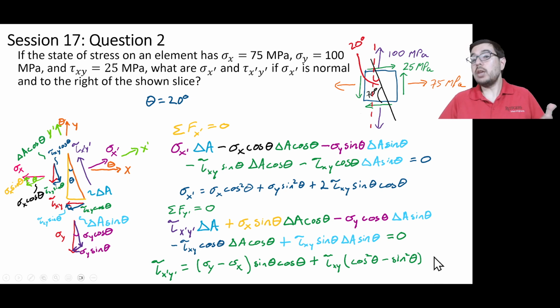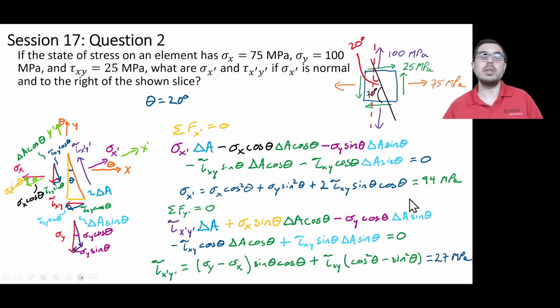So we've algebraically written out the expressions for the sigma x prime and the tau x prime y prime, which is what the question was asking us to do. When we substitute in these numbers, we will get 94 megapascals for sigma x prime, and we will get 27 megapascals for the tau x prime y prime.